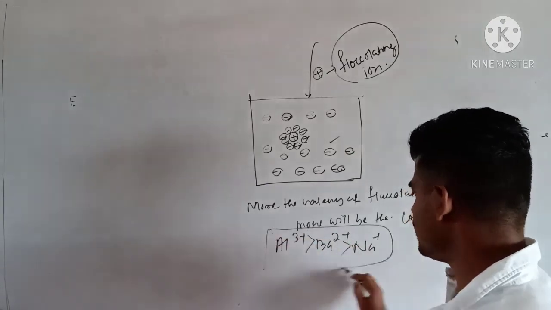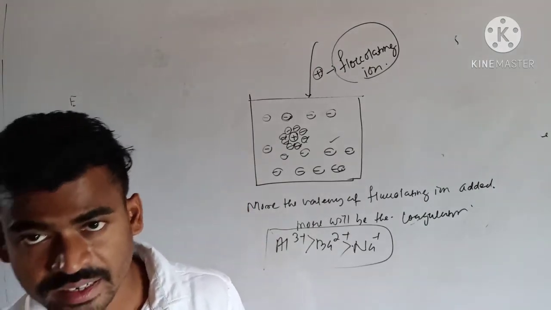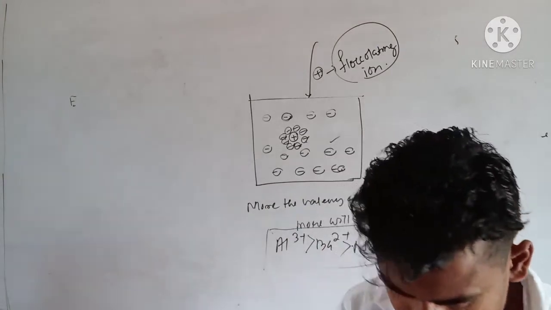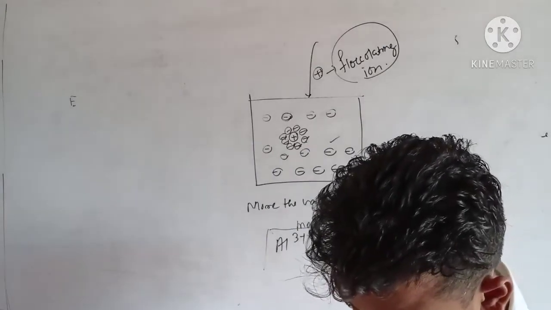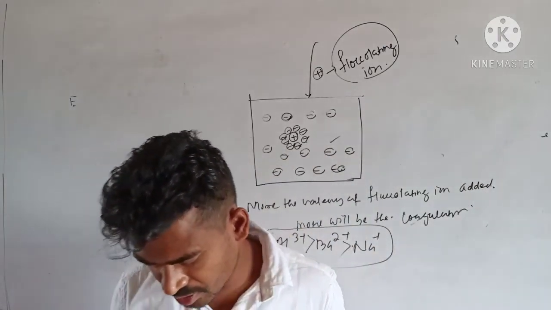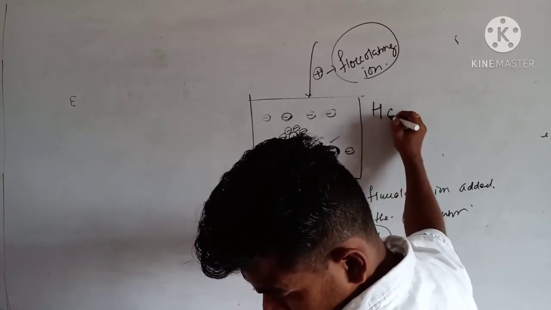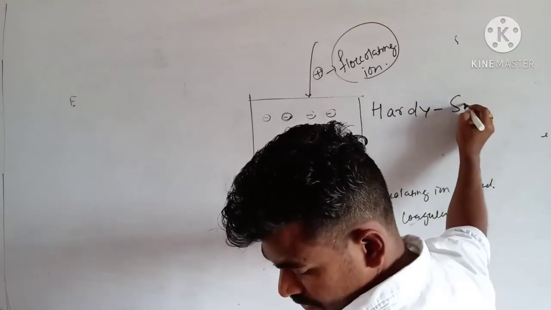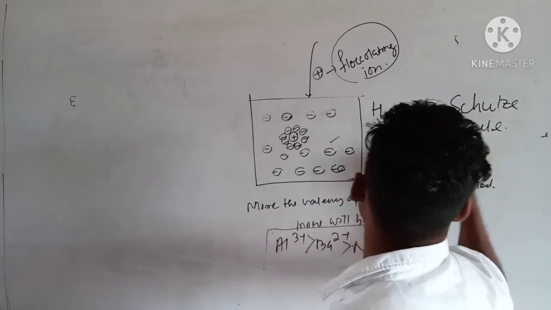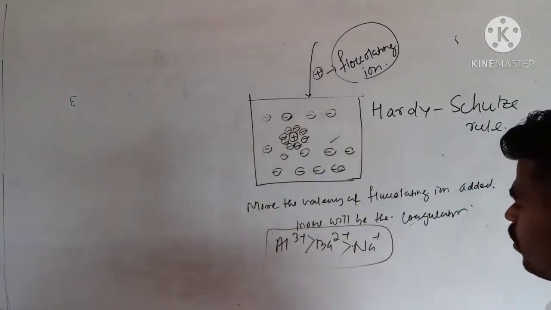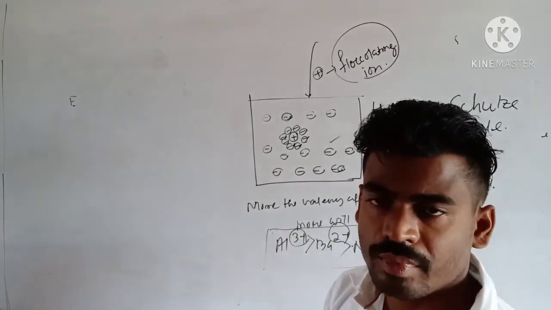These are the order of their flocculating tendency. Okay. And this is called the Hardy-Schulze rule. So the more the magnitude of positive charge, the more the valency, the more will be coagulation or aggregation.